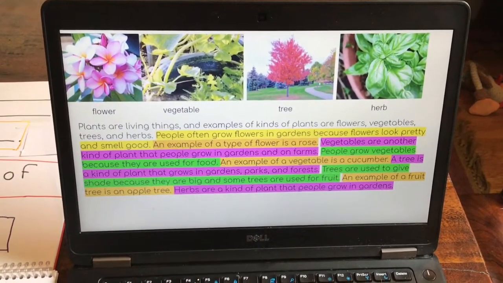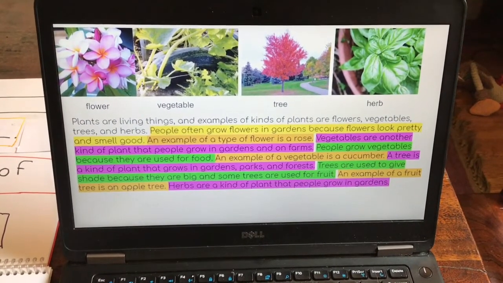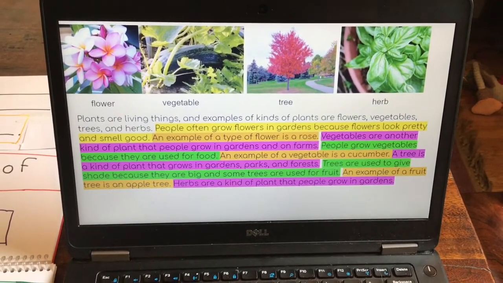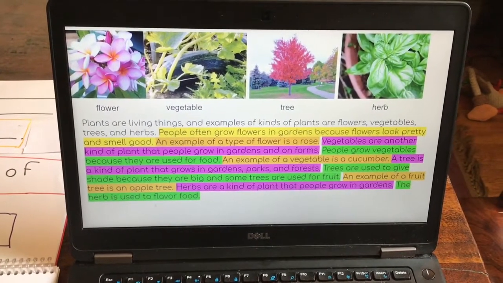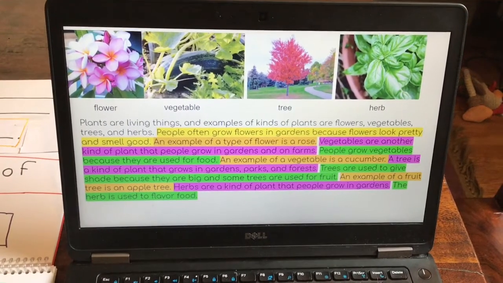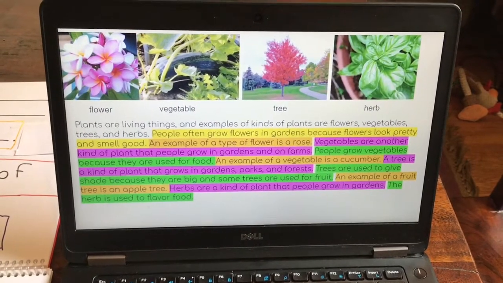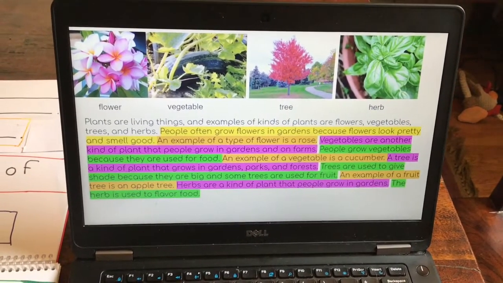Here's another definition. Herbs are a kind of plant that people grow in gardens. The herb is used to flavor food. And there again, I used the use elaboration technique, and I used our sentence frame. The herb is used to flavor food.